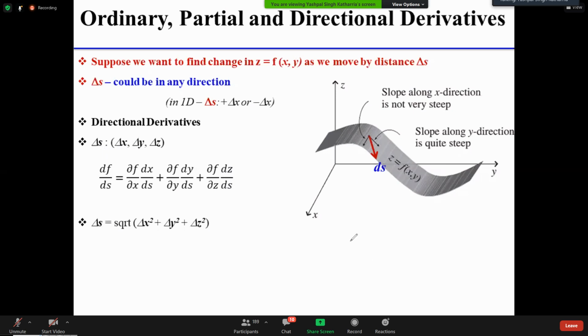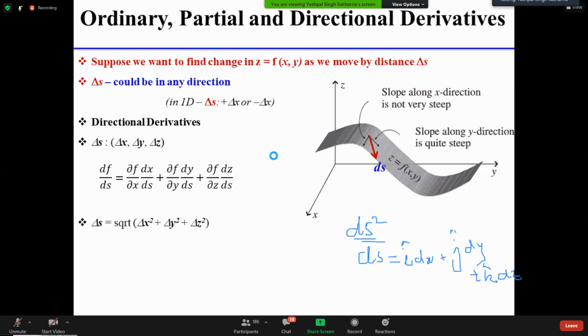So we can write it like we did in the Cartesian system earlier, that ds could be given by i cap dx plus j cap dy plus k cap dz. And if you want the value of ds, it can be given by square root of dx square plus dy square plus dz square.